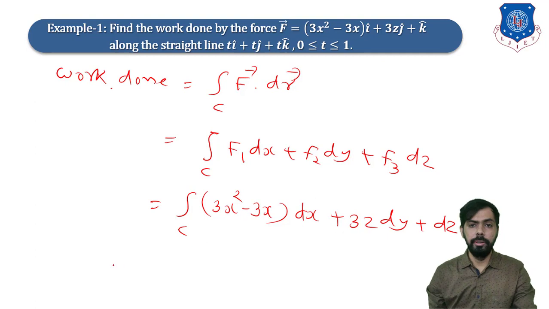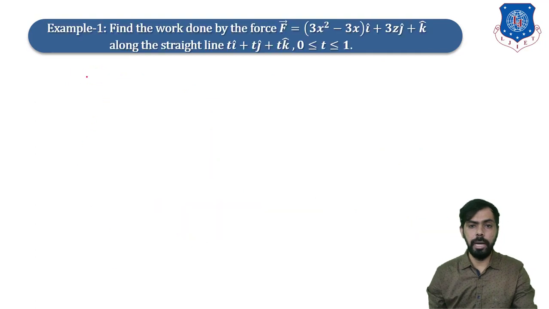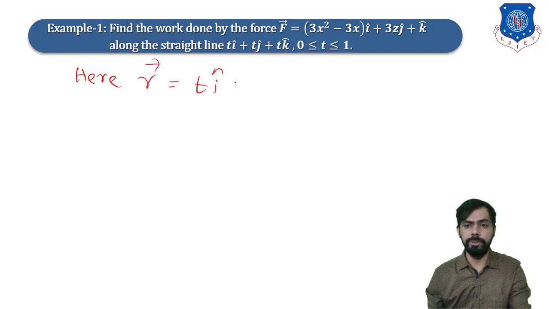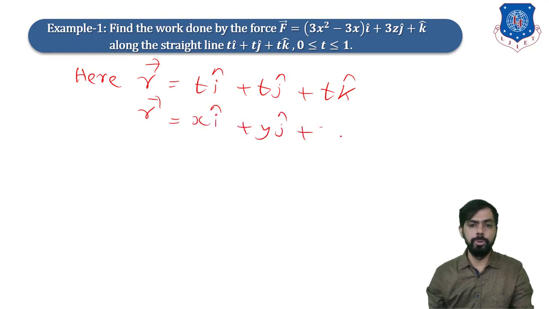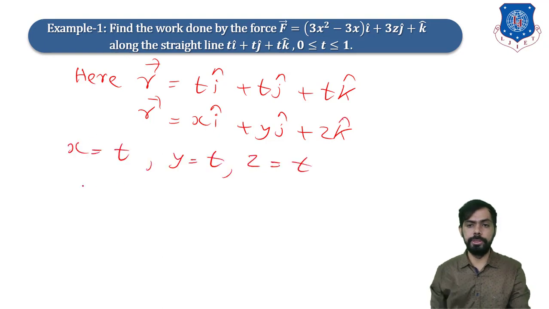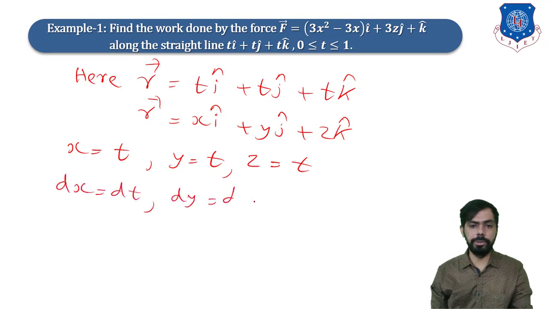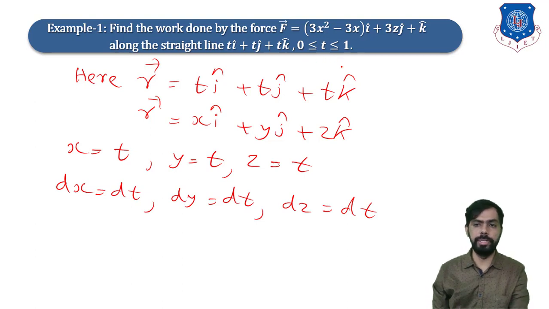Now here in this example r is t i plus t j plus t k. So we will compare this r with x i plus y j plus z k. So x will be t, y will be t, and z will be t. So dx will be dt, dy will be dt, and dz will be dt, and the limit of t will be from 0 to 1 as given in the question.